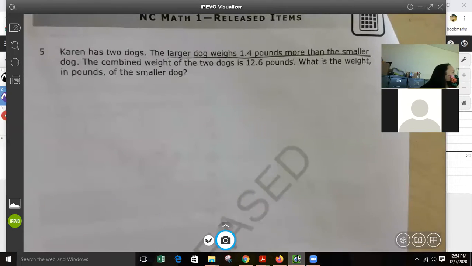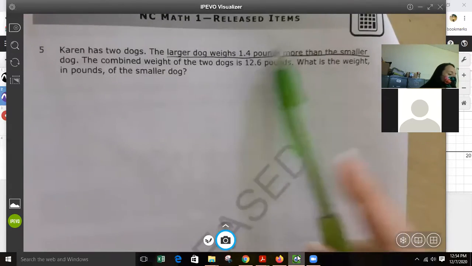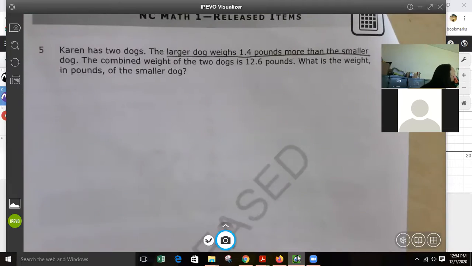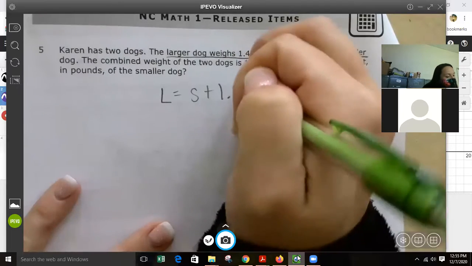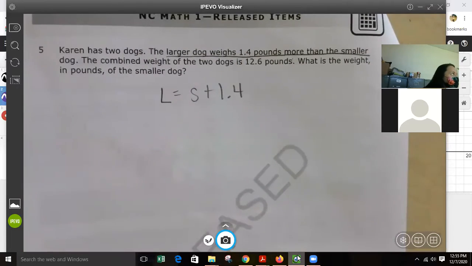Don't act like you don't know this. How do you write 1.4 more than the smaller? Yes, so you can say large equals small plus 1.4. Perfect. I knew you knew it.